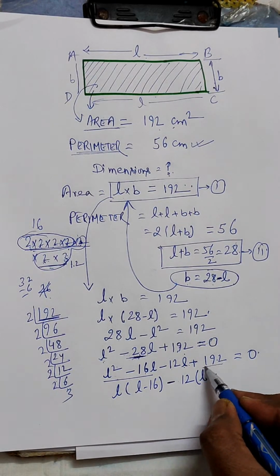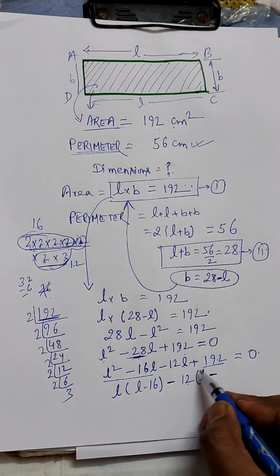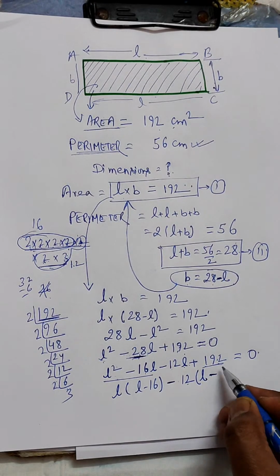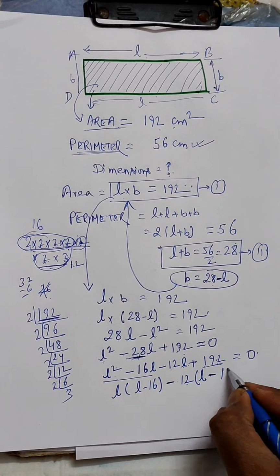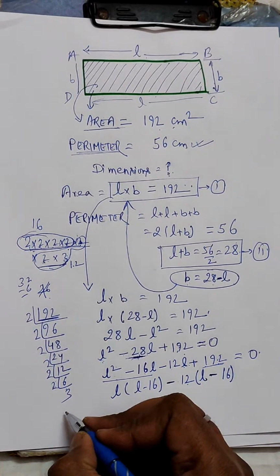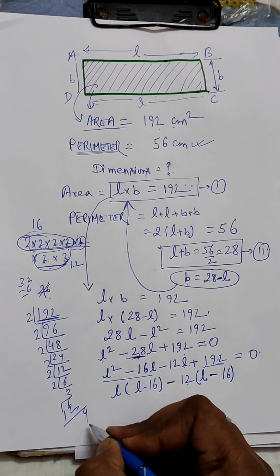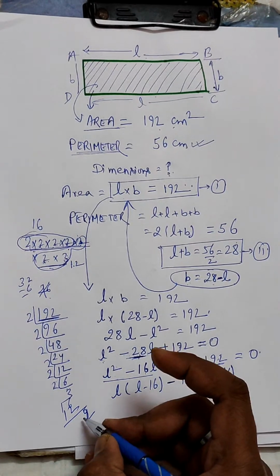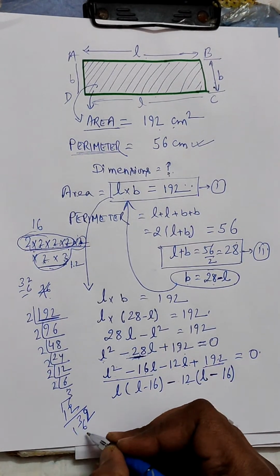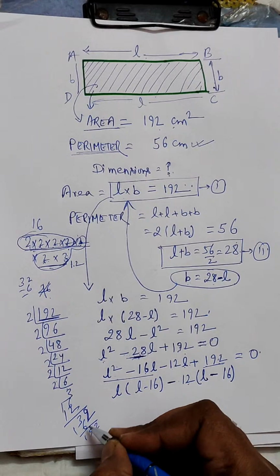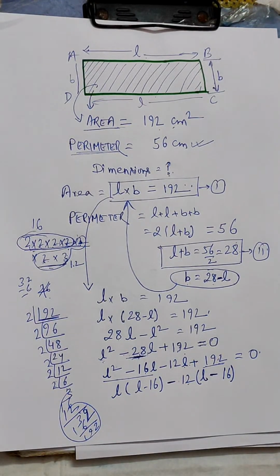So 12 into what is equal to 192? This will give you 16. Let us check it. 12 into 16. 2 6 12, carry 1. So this will give you 192, right? We have checked it.